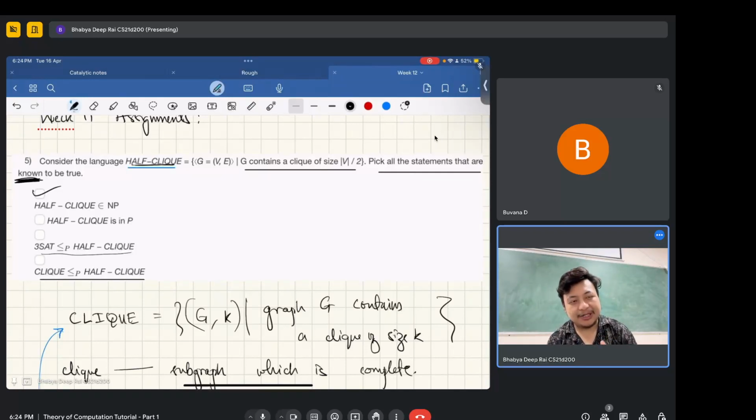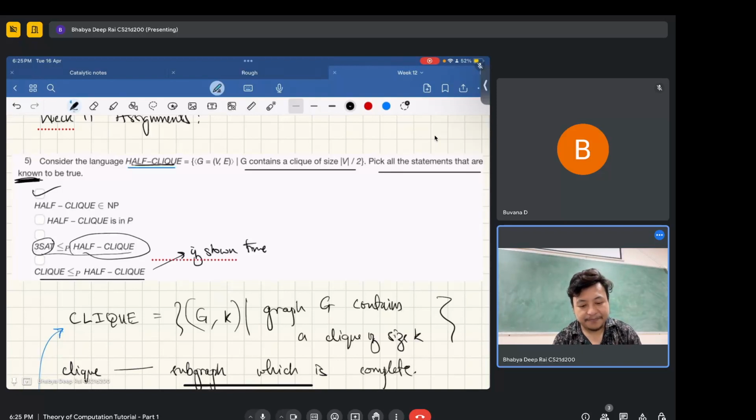If we want to attempt each of these reductions, we probably have a better chance reducing from clique, because the input to 3-SAT is a circuit, and then I need to transform it into a graph and then convert it to an instance of half clique, which sounds a bit complicated. Furthermore, if clique reduces to half clique, we already know that 3-SAT reduces to clique, because clique is NP complete and 3-SAT is in NP.